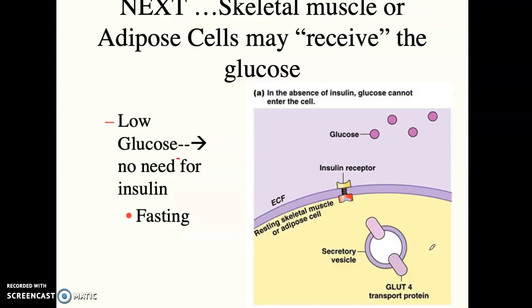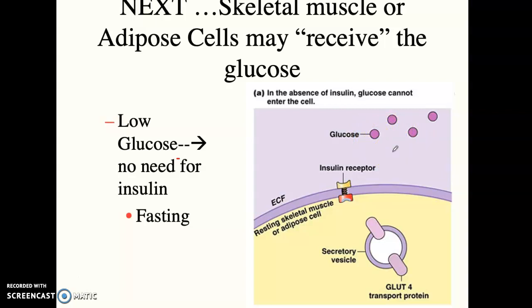So now that insulin is released, what happens next is that the skeletal muscle or an adipose cell is going to receive that glucose. So here's this glucose on a cell with an insulin receptor. And this is a resting skeletal muscle or adipose cell. And we have a glucose circulating.